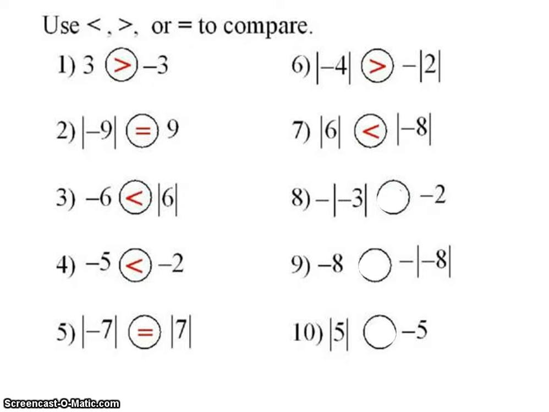It's a +3 when you pull it out, but then it's got a negative, so it's a -3. So -3 versus -2, which makes -2 larger. Number 9 is a tricky one too. You've got that double negative thing. It's a positive 8 when I pull it out, but it's got a negative. So it's negative 8 versus negative 8. So those are equal. Be really careful thinking those through. Okay, 5 is already positive, so it's larger.